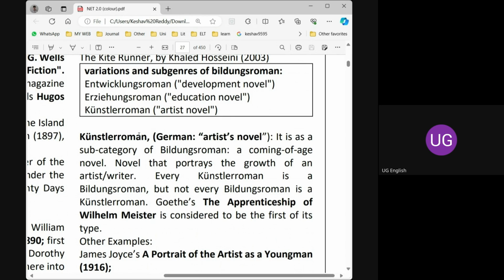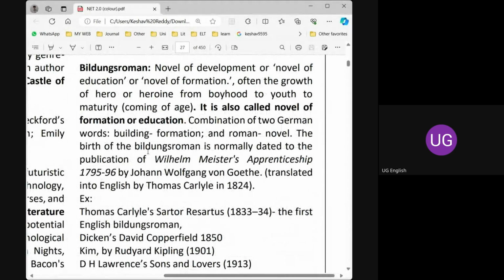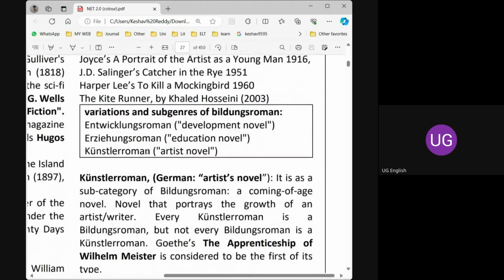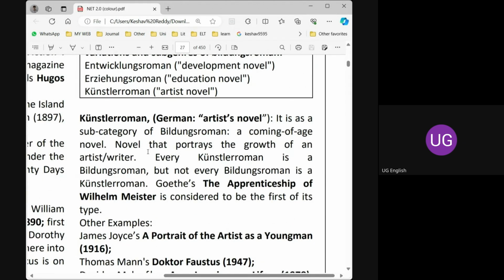That is, all Bildungsromans are not Kunstlerromans. Are you following me? Every Kunstlerroman is a Bildungsroman, but every Bildungsroman is not a Kunstlerroman. That is, every novel which is talking about the formation, the education of the hero is not a Kunstlerroman. Please remember this, just a small, slight difference.